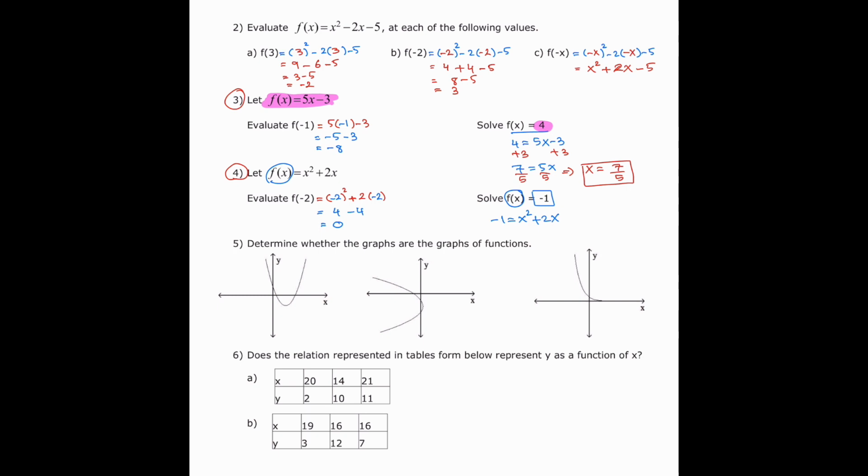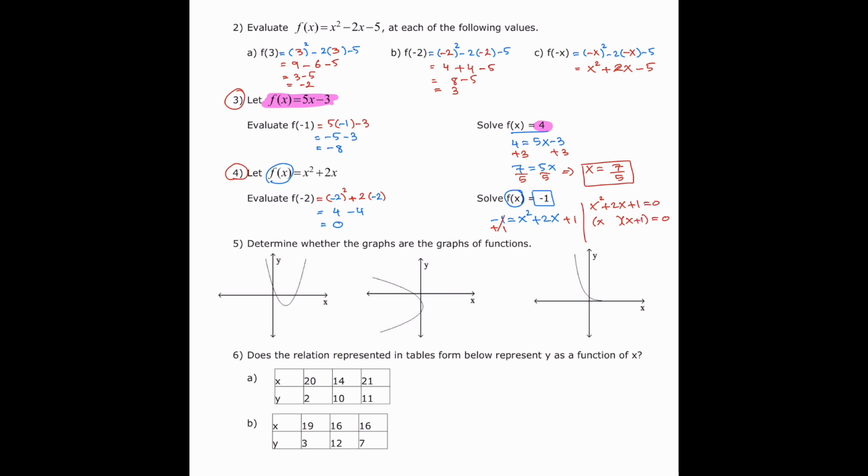Notice how this is quadratic. So I will have to make the left-hand side 0. I'm going to add 1 to both sides of the equation. So I will end up with x squared plus 2x plus 1 equals 0. And then I can solve it using the quadratic formula. Or I can basically factor. So if I factor this, I will have x and x. I need two numbers. Their product is 1. Their sum is 2.